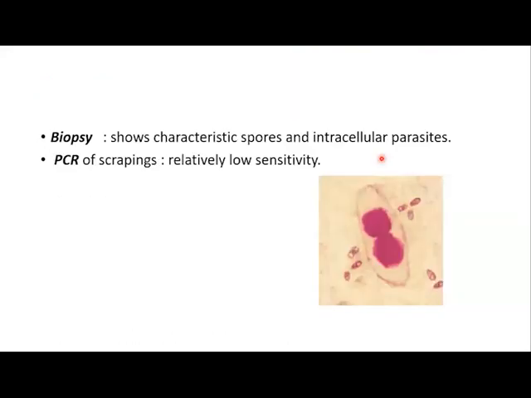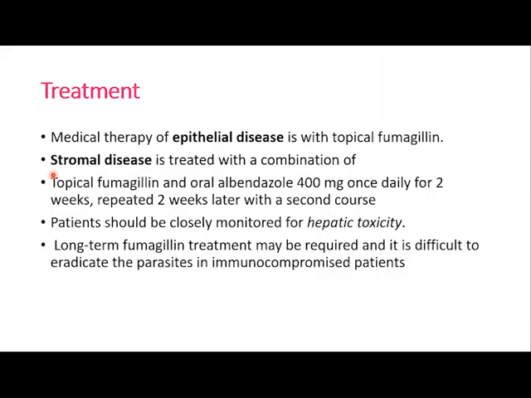Biopsy shows characteristic spores and intracellular parasites. PCR of scrapings has relatively low sensitivity. Treatment: medical therapy of epithelial disease is with topical fumagillin, and stromal disease is treated with a combination of topical fumagillin and oral albendazole 400 milligram once daily for 2 weeks, repeated 2 weeks later with a second course.